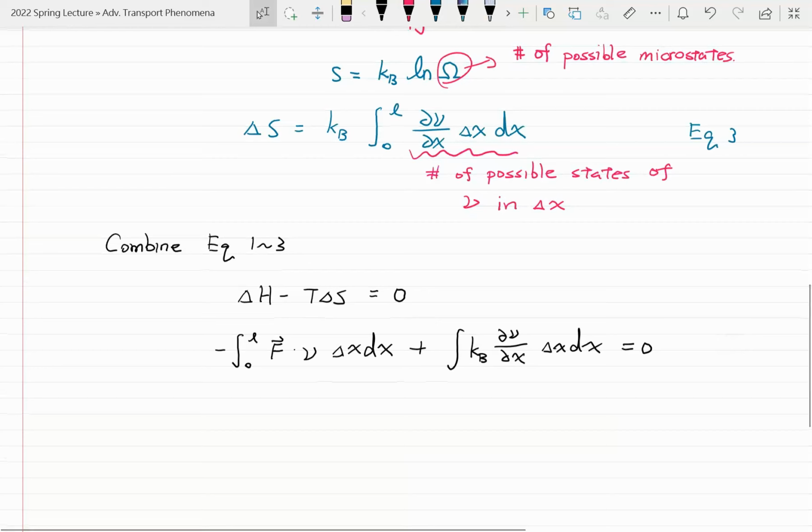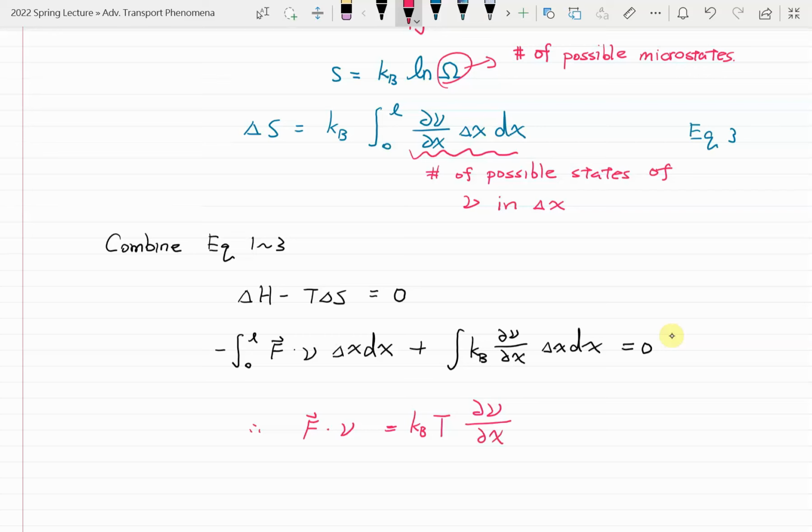And so that gives us our first important conclusion, which is that the force exerted on individual particles times the number density of the particles, so it's like the collective force acting on all particles, equals the Boltzmann constant times absolute temperature times the number density, or the number of possible states of the particle density within that control volume, right?